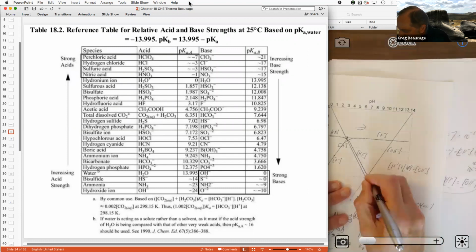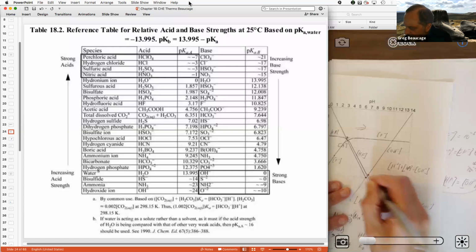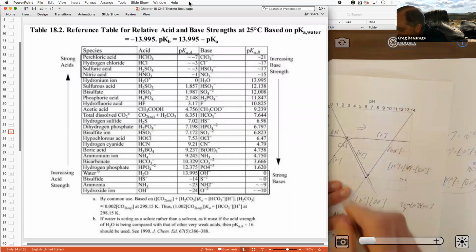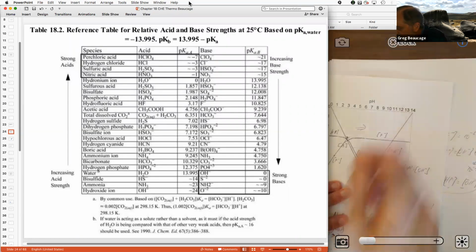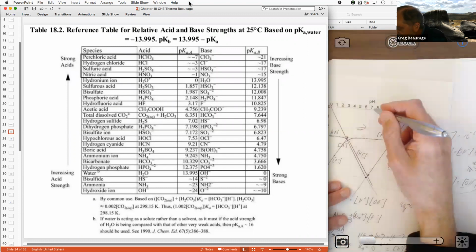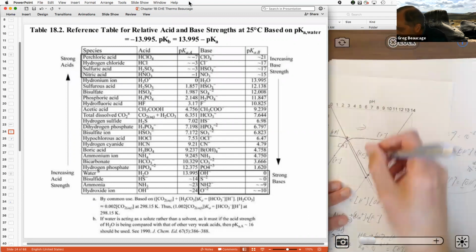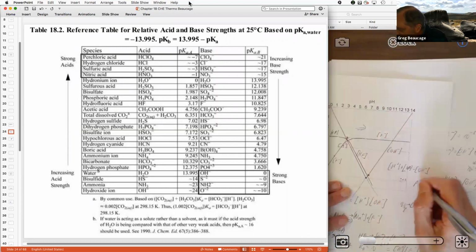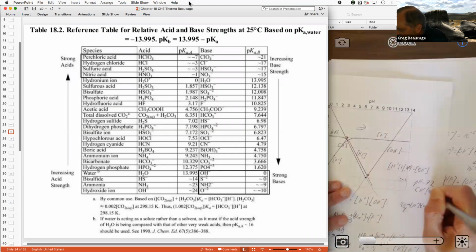Or if you looked a little bit above where they cross, so you take the line a little bit higher and you'd have it like right about here. That would be the solution. And then you can just pick off the number. It's going to be a number like 7.2. Right, so your pH is 7.2, your H plus is 10 to the minus 7.2.